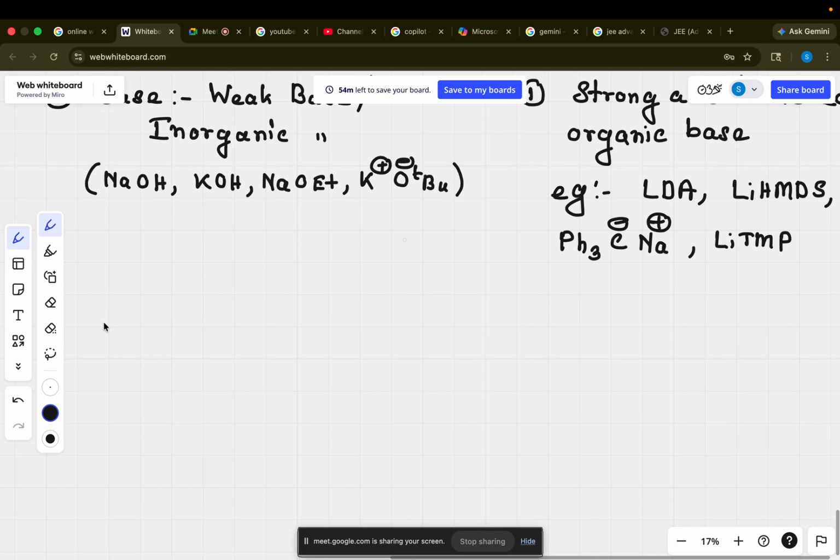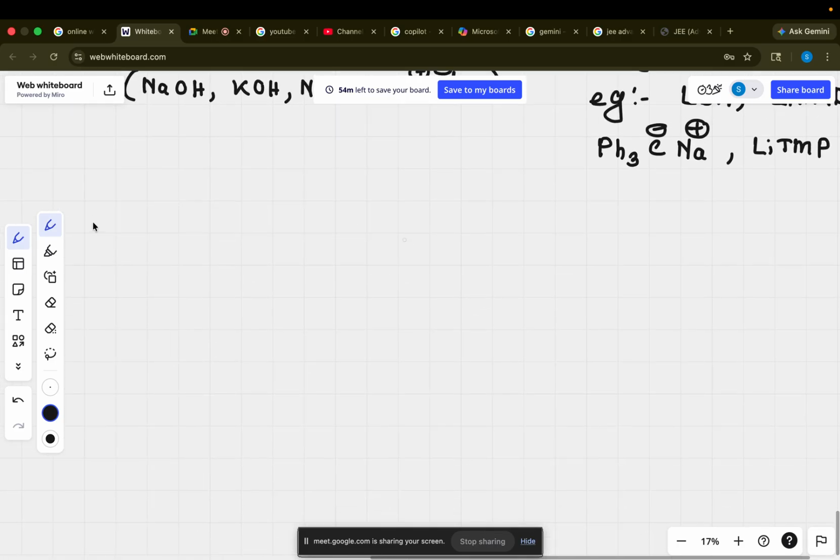Number 2 point, and that is also important, is your temperature. Temperature actually plays a crucial role, because when you do it in practical, you will know that temperature plays a very crucial role.